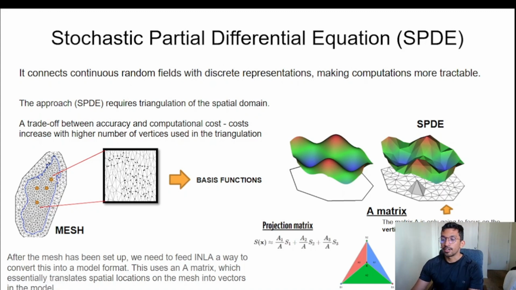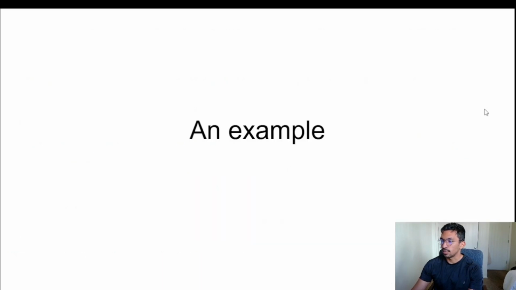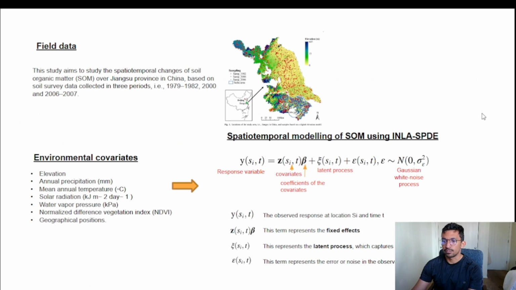As an application of INLA and SPDE, I would like to present an example of this approach. This is a paper studying the spatial-temporal changes of soil organic matter in China using three different data sets.